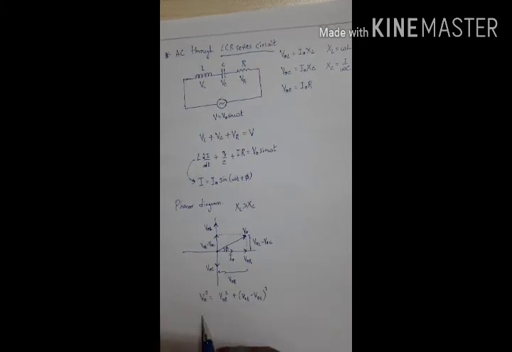Now as we have already written over here at the top also कि V0L actually क्या है कि I0 XL, similarly V0C is I0 XC, and similarly V0R is I0 into R, तो उसकी वैल्यू यहाँ पर लिख देते हैं. So this will be I0 squared R squared plus इसकी जगह हम लिखेंगे (I0 XL minus I0 XC) whole square.